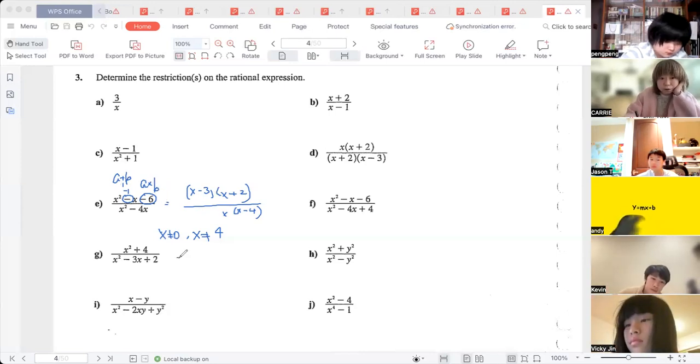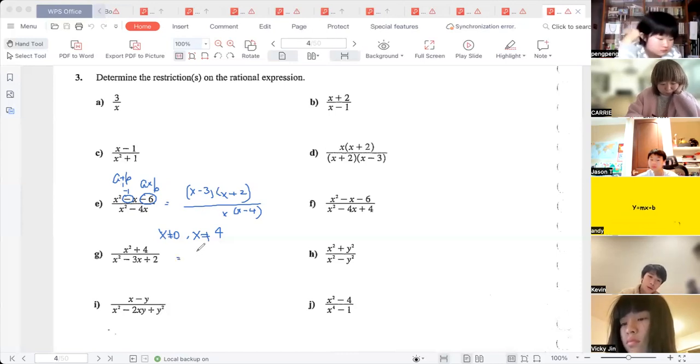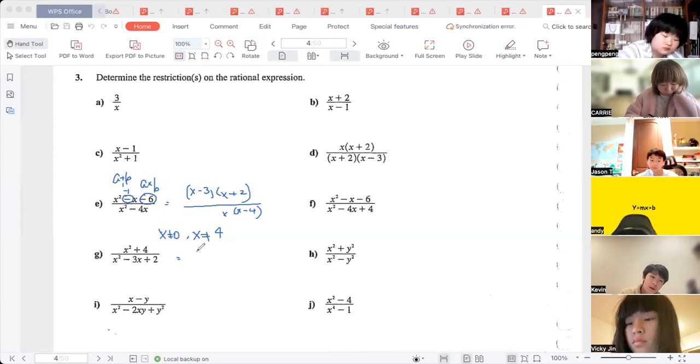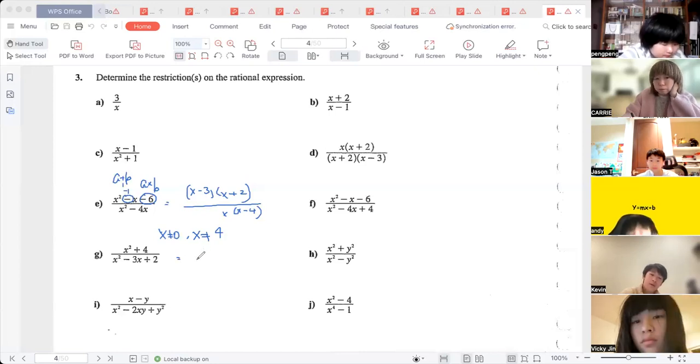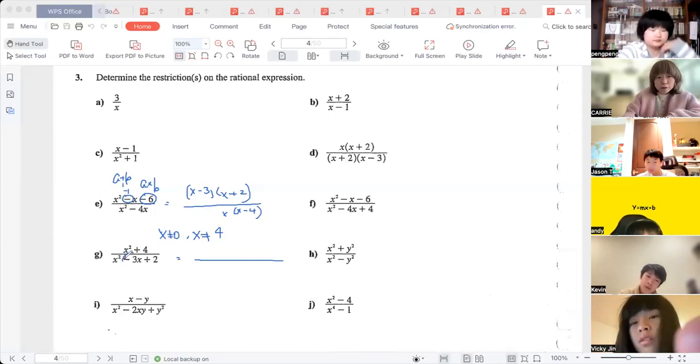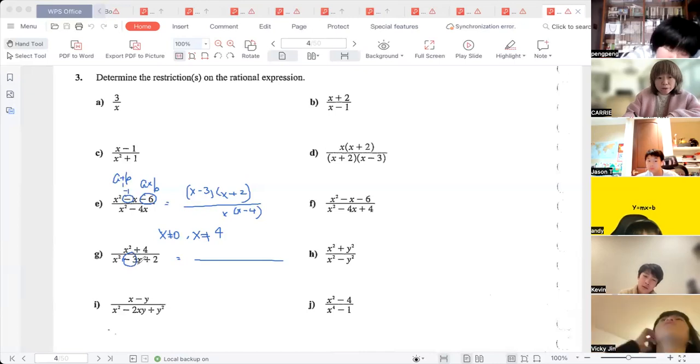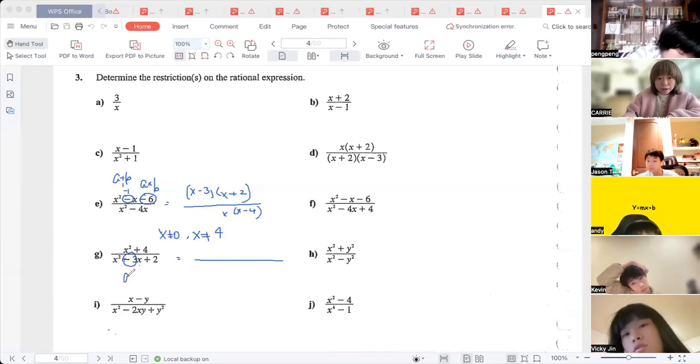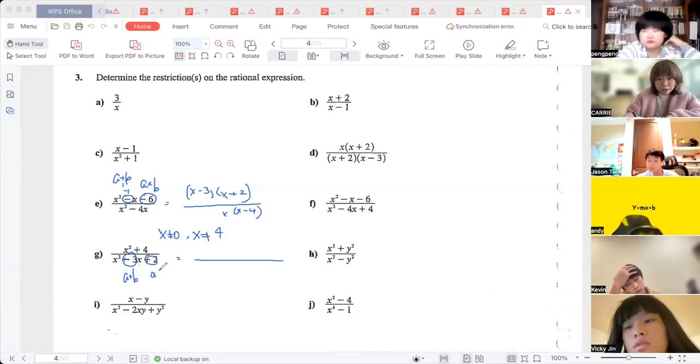Okay, number G. Kevin, can you tell me how to do it? Wait, I'm confused. If it's not in the form like the one at the bottom, how do you factor it out? So just remember, the number with the variable is actually a plus b, and the one without equals a times b.